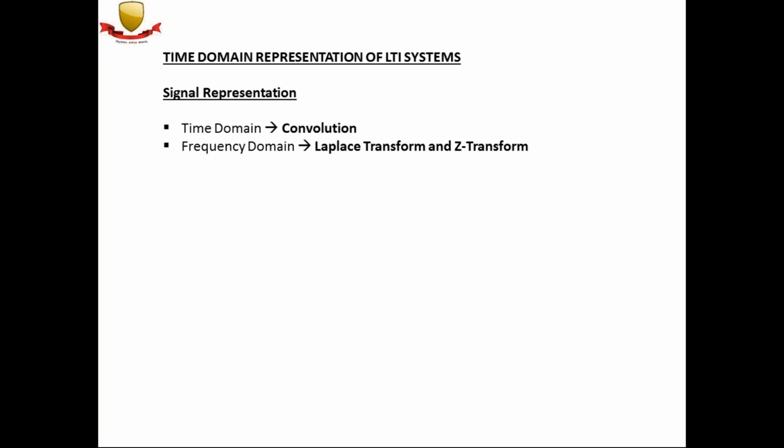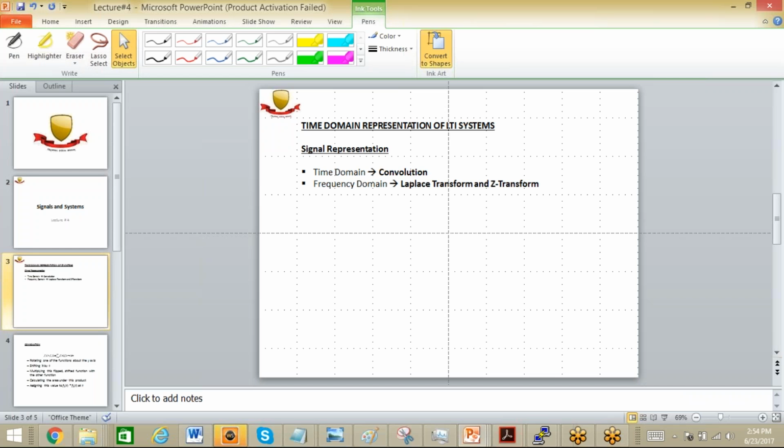A very good example of LTI systems are electrical circuits that can be made up of resistors, capacitors and inductors as well. Now this LTI system, that is linear time invariant circuits, is actually made up of two terms, linear and time invariant. Let us see what it means.